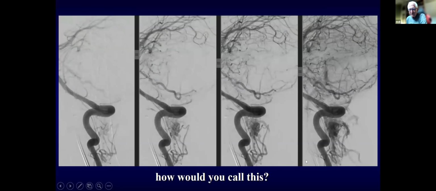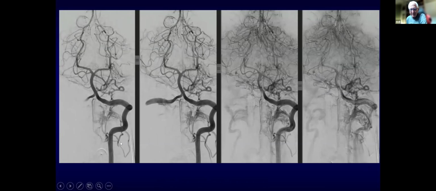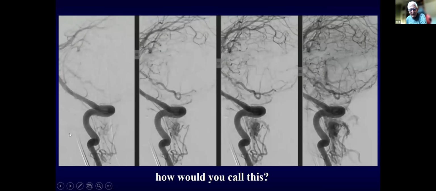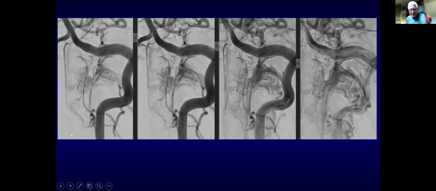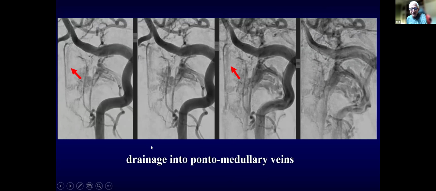So what is this for you? Is this an epidural AV shunt? But then it was noticed that there was a vein again draining intracranially, and for this reason, yes or no, this drainage was considered an indication to treatment.